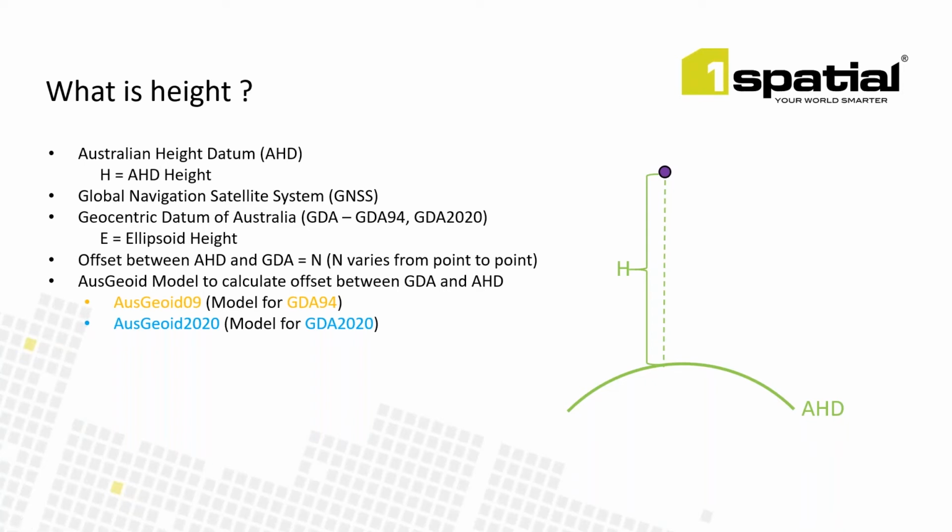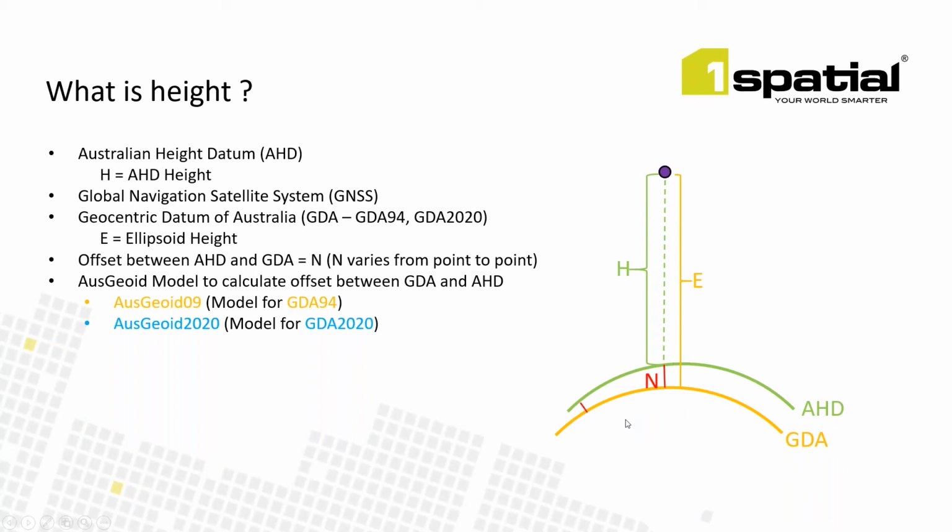Those systems use an ellipsoid different to AHD. For example, if this is the datum used by the GNSS, then the height measured from that datum is different to the height from AHD. If we consider it as h_E, there's always an offset between the ellipsoidal height and the AHD height. Usually we refer to it as the N value.